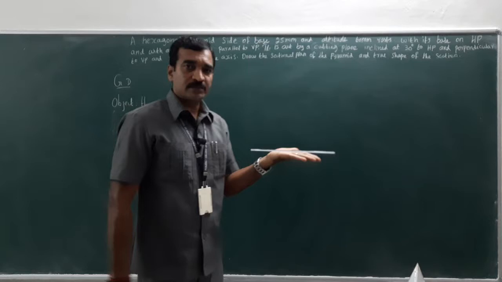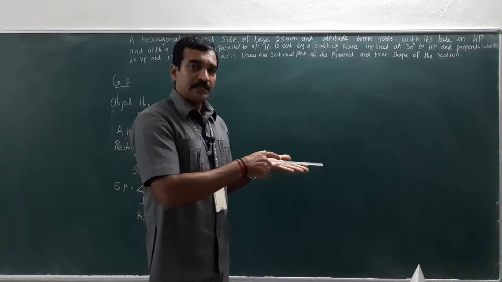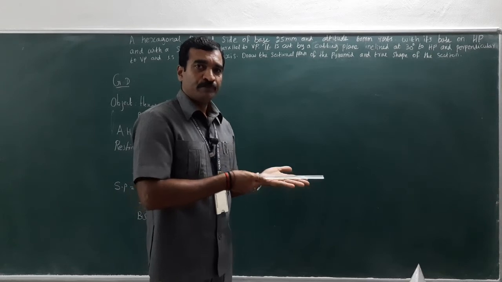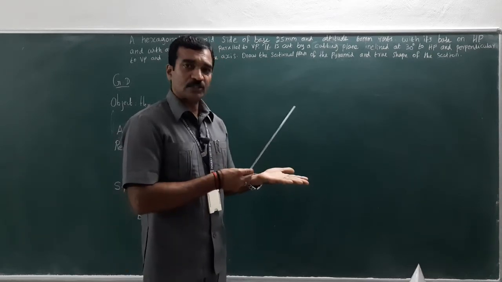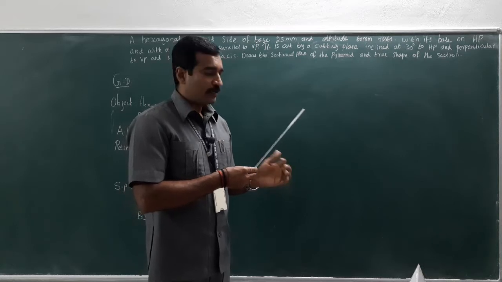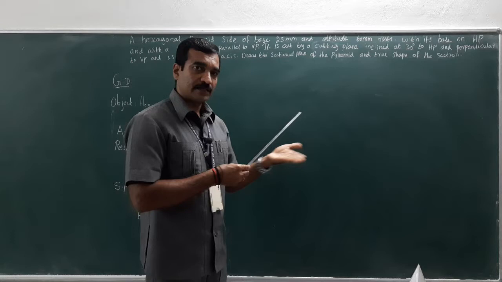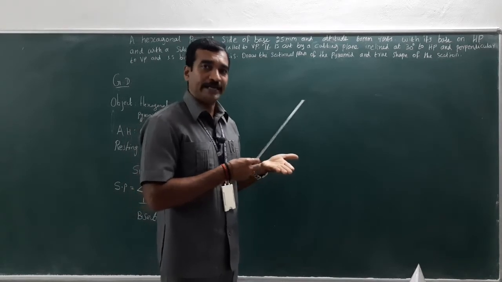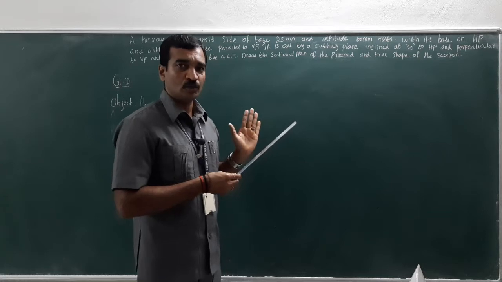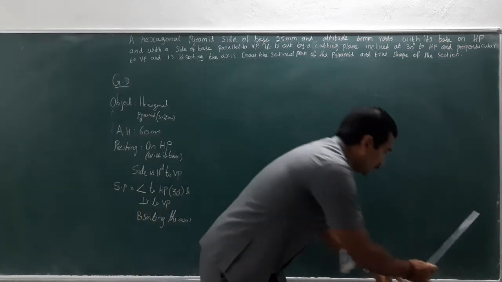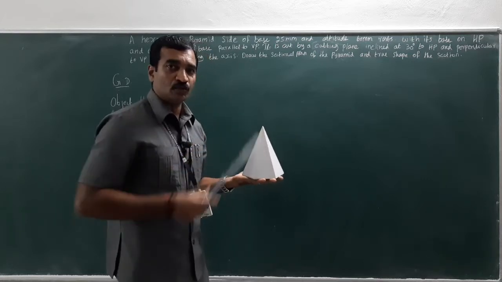If I keep this plane parallel to HP and perpendicular to VP, and then keep it in this manner, now it is making some inclination with HP. Therefore, this cutting plane is inclined to HP and perpendicular to VP. So the object is being positioned in this manner. This side is parallel to VP.